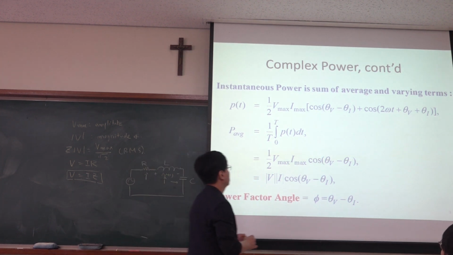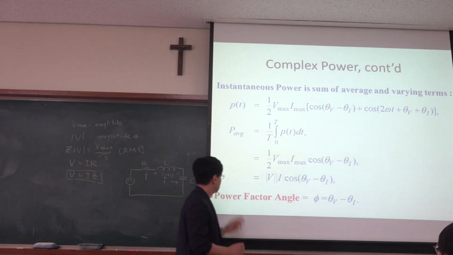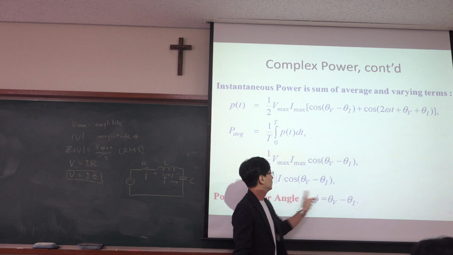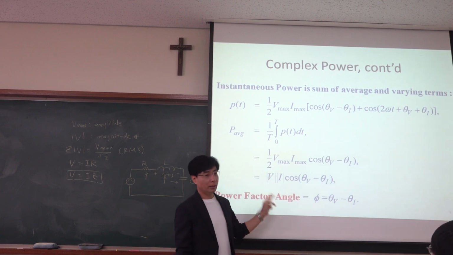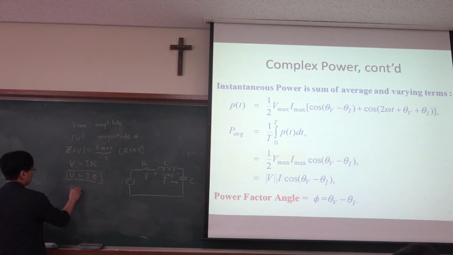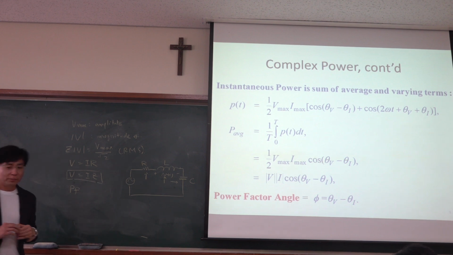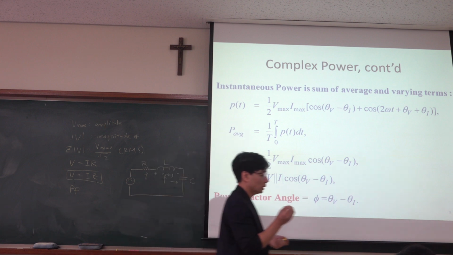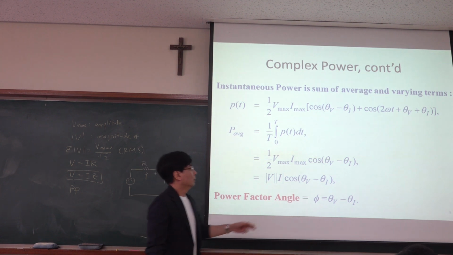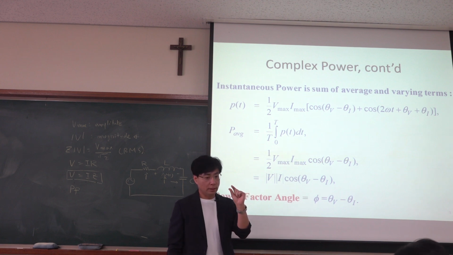The difference between voltage and current phase is an important one, and that is called the power factor angle. And this term, cosine of the power factor angle, is called the power factor. Power factor is usually denoted by PF, it stands for power factor, not proof. This power factor is one of the key components of AC power systems. Sometimes this angle is very close to 0, and that's a good sign.